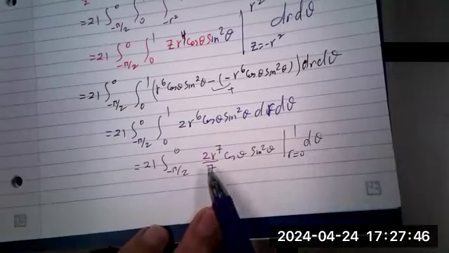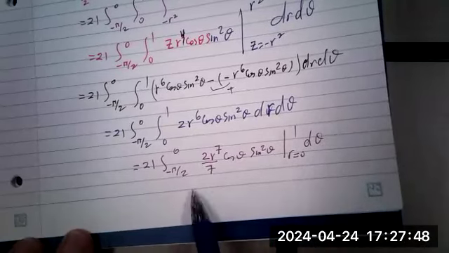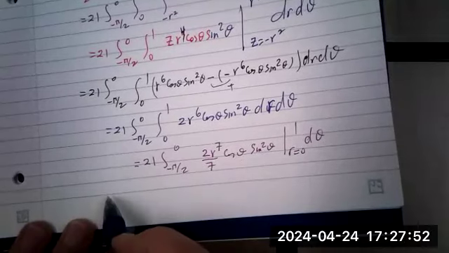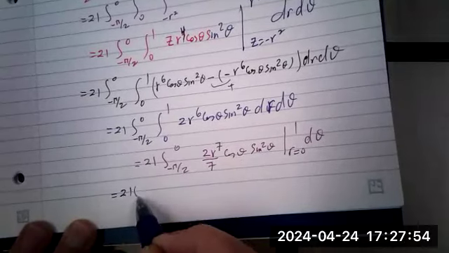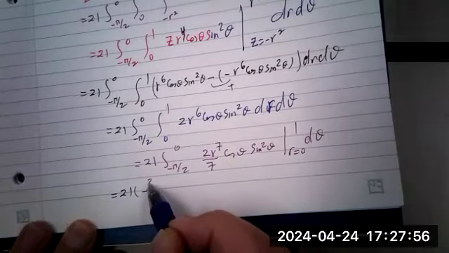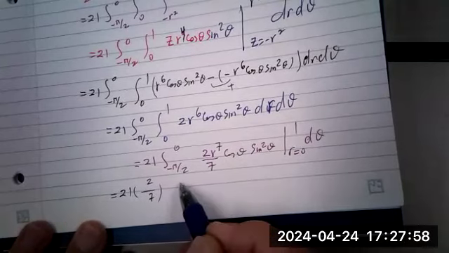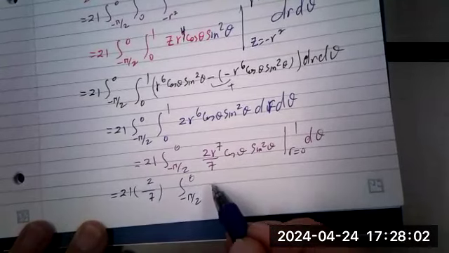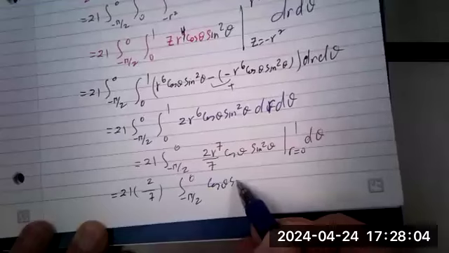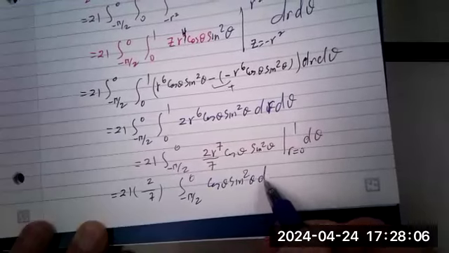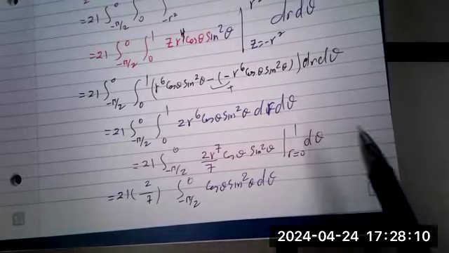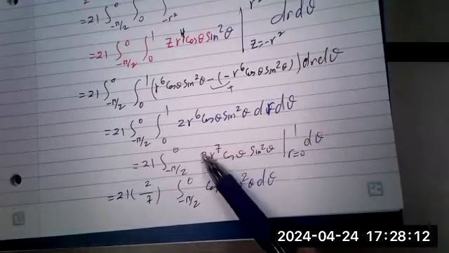If you replace r by 1, that gives you just 2 over 7. You can put it out. So it's going to be 2 times 2 over 7, integral of negative pi half to 0, cosine theta, sine squared theta, d theta. Any question? You put r equal to 1, that gives you 2 over 7.